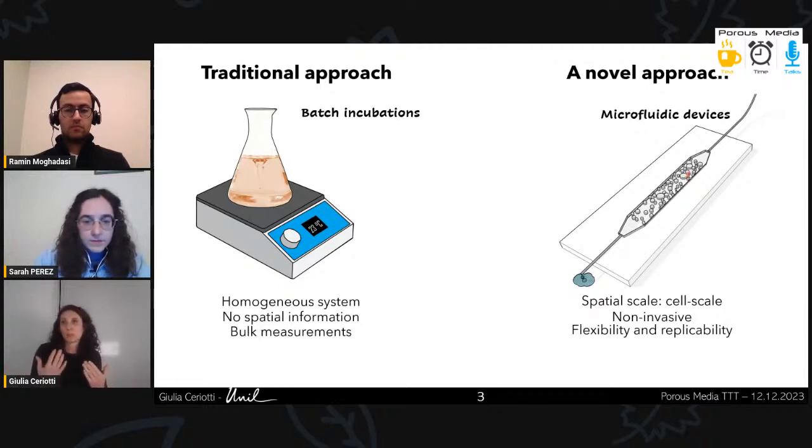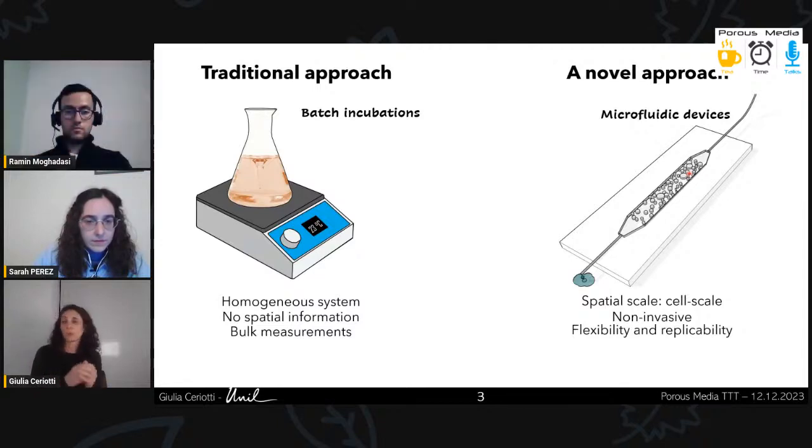This means that I can observe what's happening inside my pore structure in real time and in a non-invasive way. And I can replicate my system as many times as I want. So microfluidics devices are now used a lot to study biophysical processes. So for example, how bacteria organize in space, or how they respond to gradients, or how they move in space.